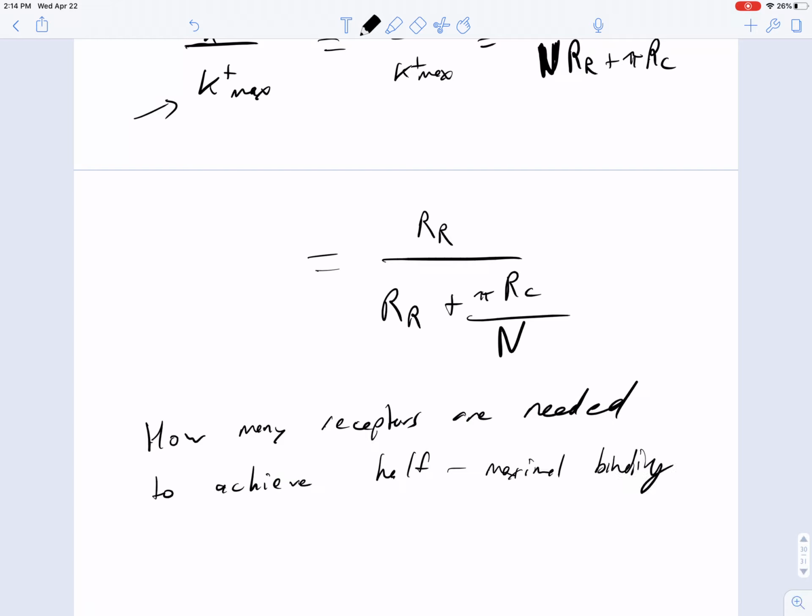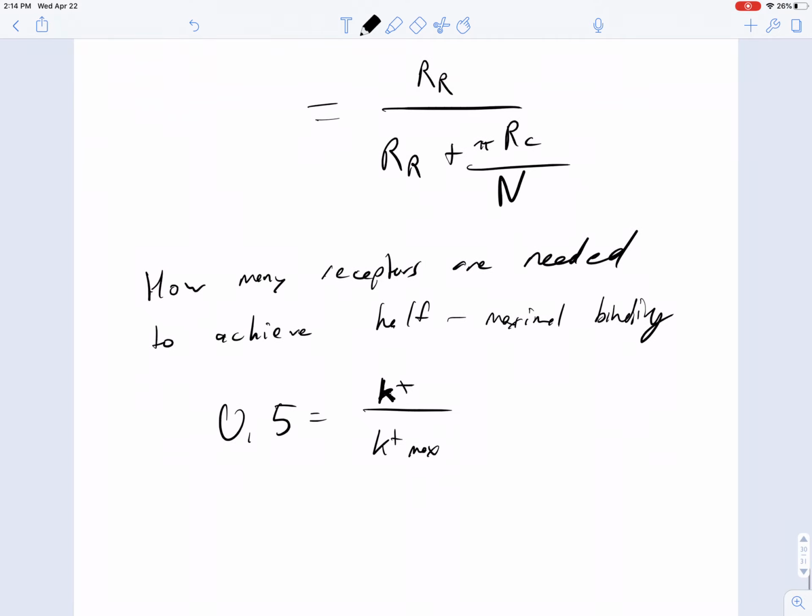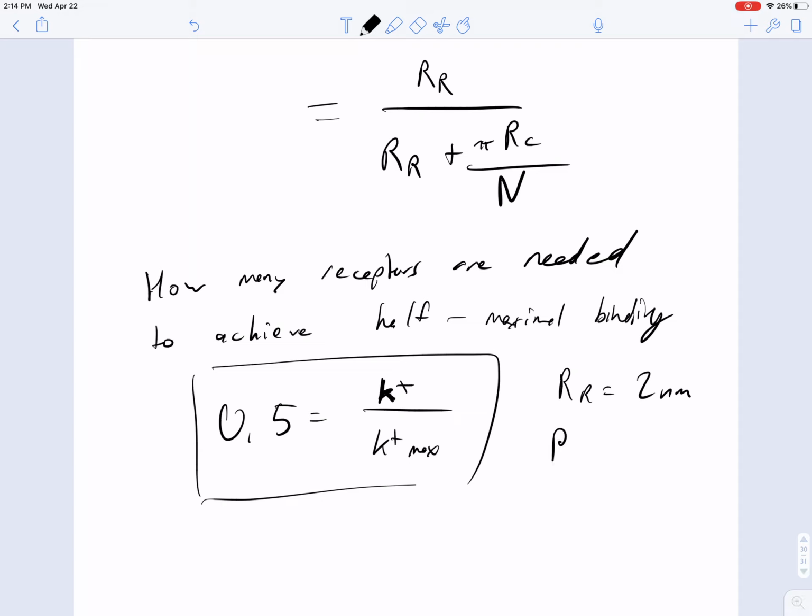So we'd say 0.5 equals k plus divided by k plus max. That's the calculation we need to do. Let's suppose that we're back to this: the radius of the receptor equals 2 nanometers, and the radius of the cell is equal to 10 micrometers. Half maximal rate. It's not that bad.